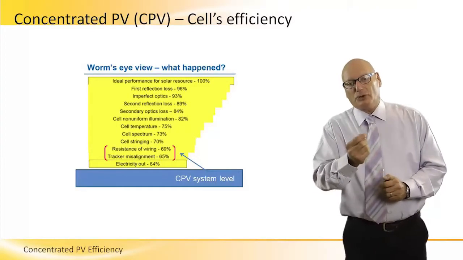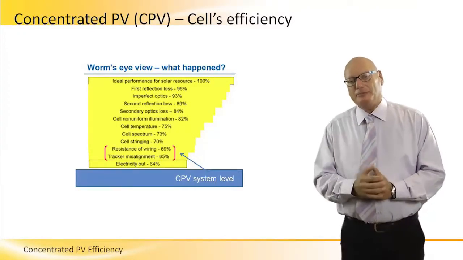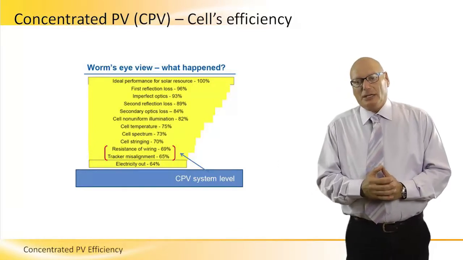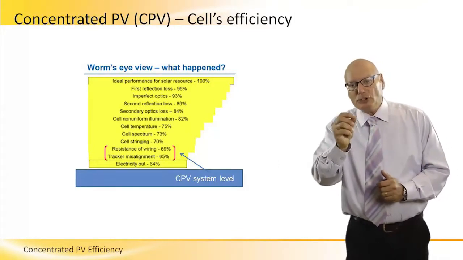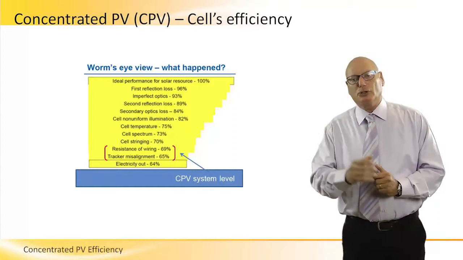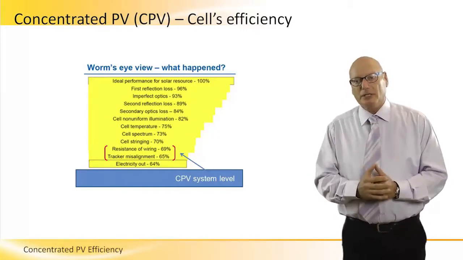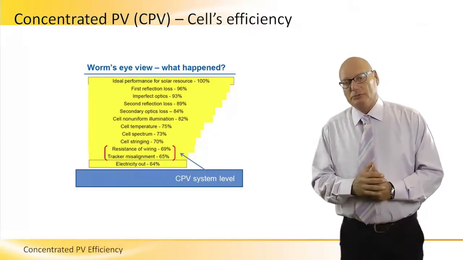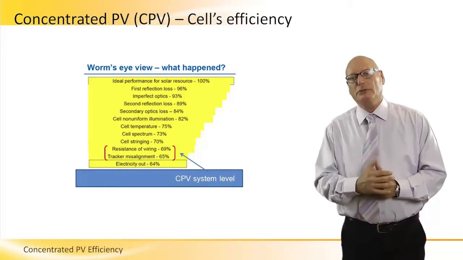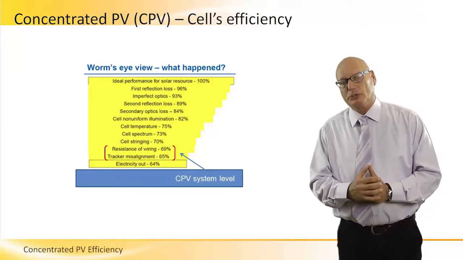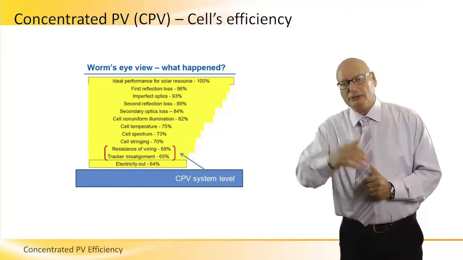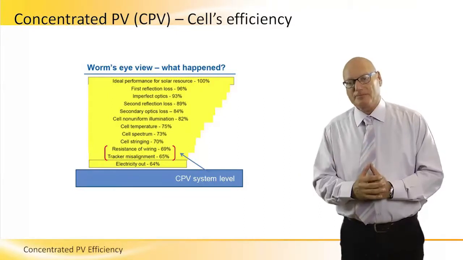Now we start talking about the cell itself. The illumination of the cell reduces it another 2%, we're at 82. Cell temperature, we lose 7%, so we are down to 75% efficiency right there.